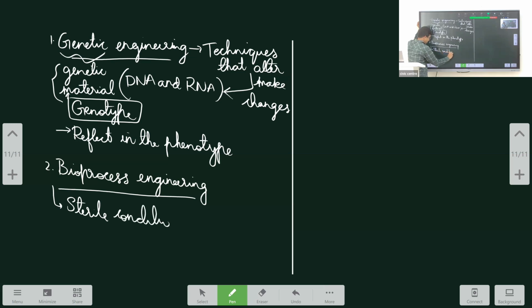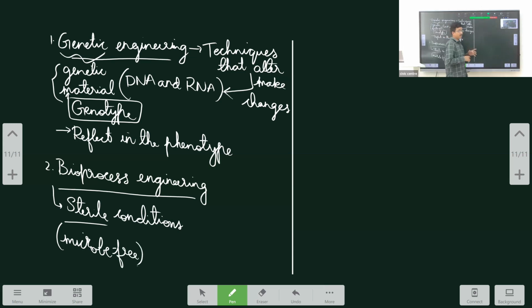When we were talking about the microbes and health, we looked at sterile conditions. So what is sterile? It is that the atmosphere or the environment has to be microbe free. It should not be contaminated with any microbes, bacteria, virus or fungal presence.